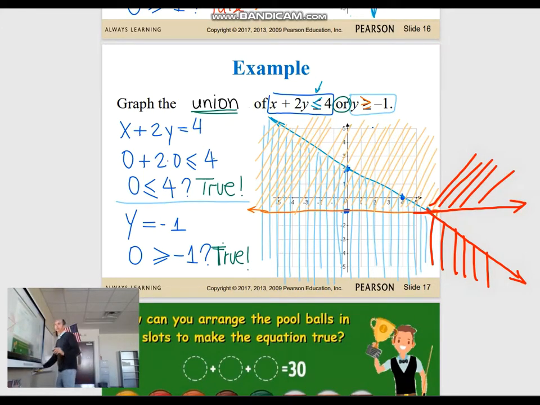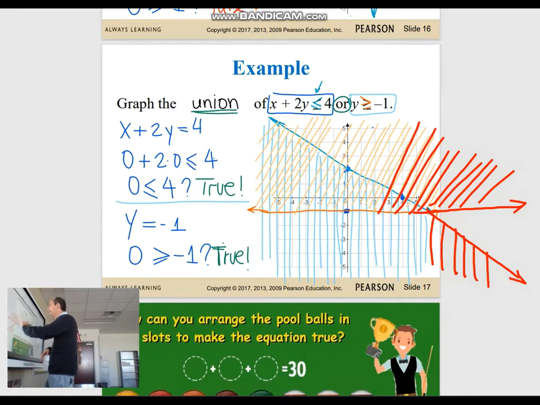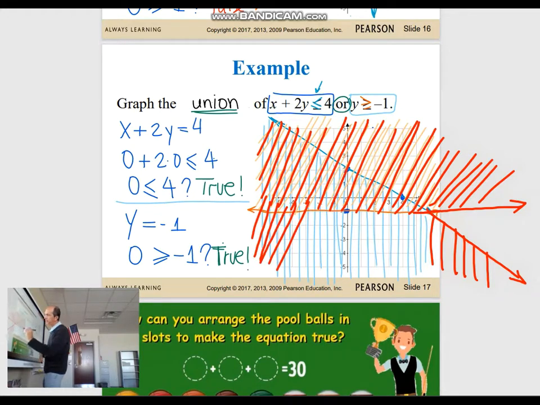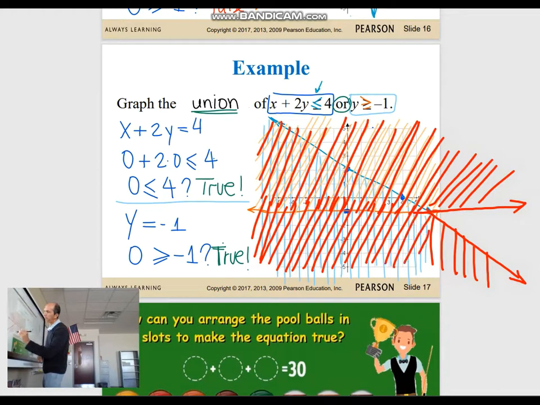The union is the area that has one color or another color. So this is all included, because these have both colors. And this on the bottom is included because it has at least one of the colors. So all this area in red is included.